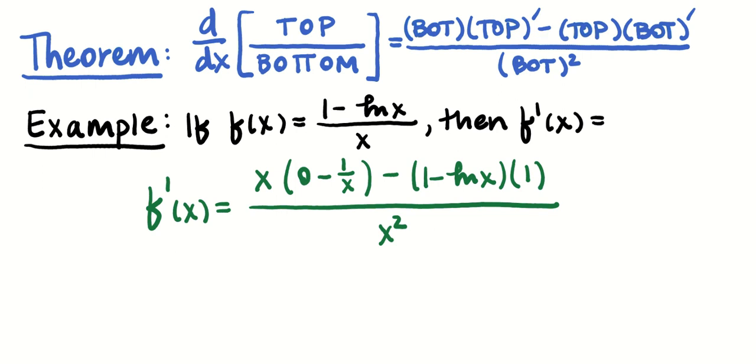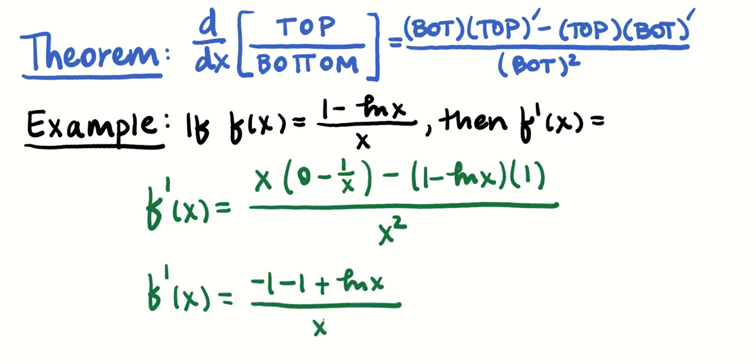I don't really remember, but I think they had to do something further with it. So I'm going to say x times negative 1 over x is negative 1, and then minus another 1 plus log x, right, divided by x squared. And we could add these two negative 1s together and get negative 2, and then I'd have myself a nice looking derivative for f.